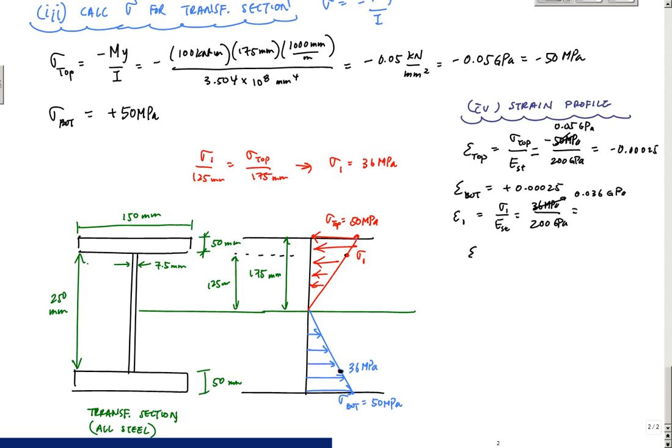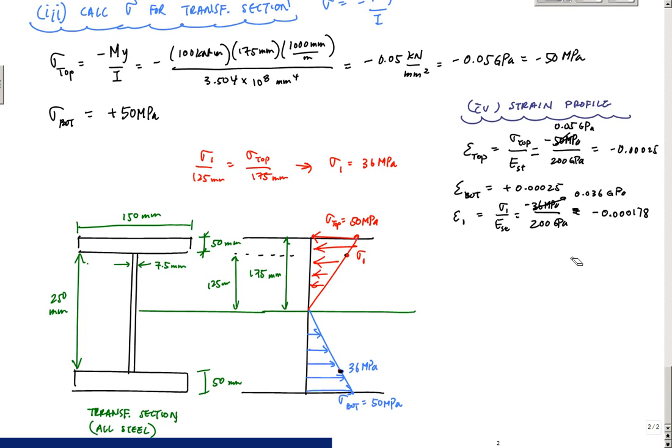This whole strain, epsilon 1, is negative 0.000178 at this point, indicating, again, compression. Don't forget, the stress was compressive, so that's why I have the negative there.